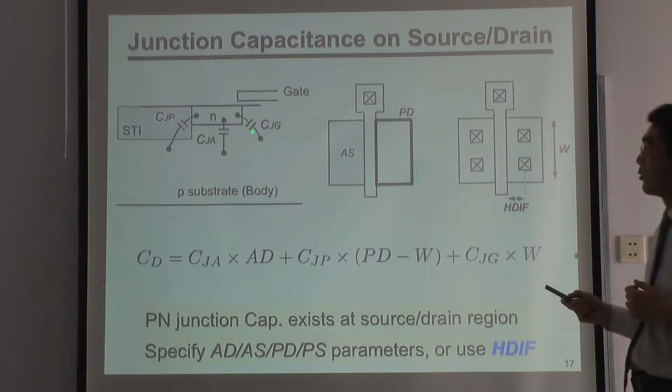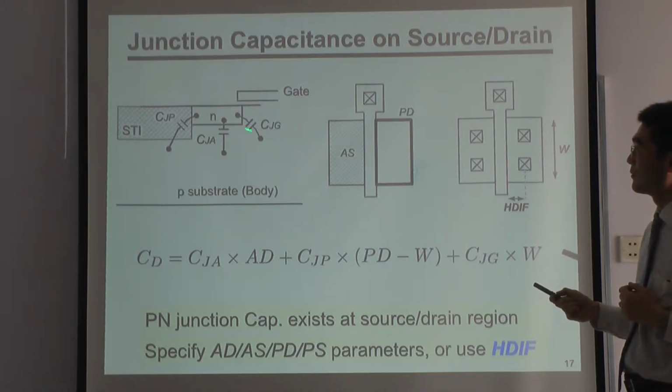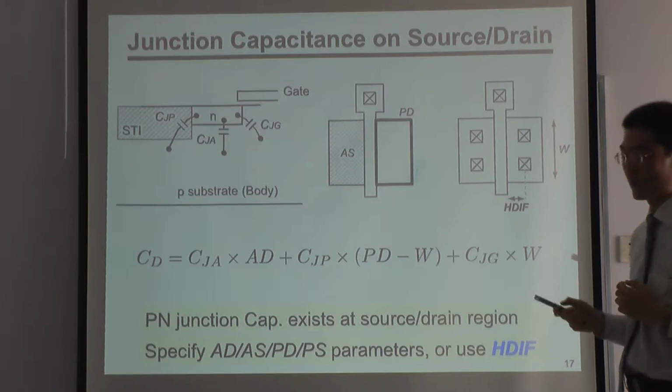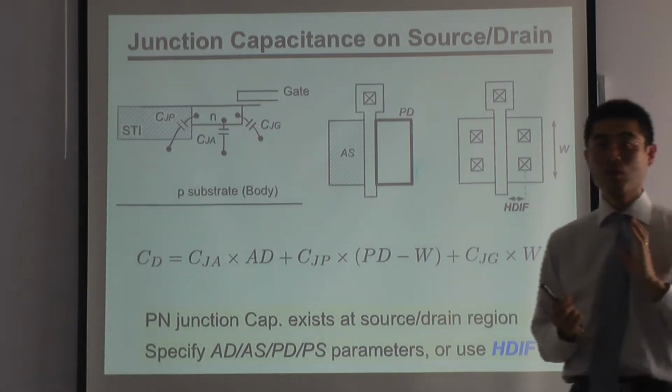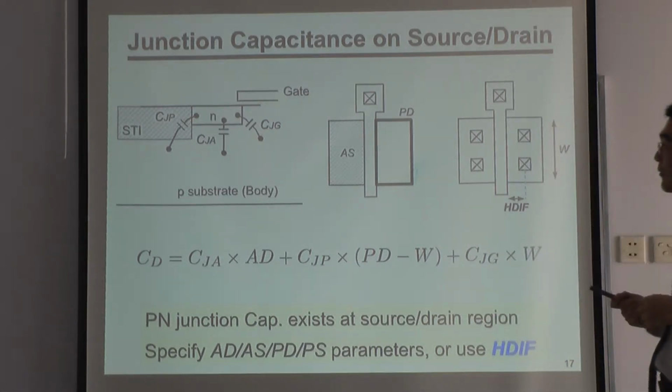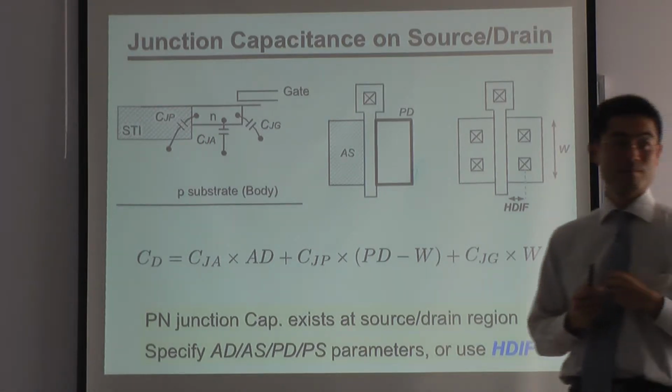And we have, this is the PN junction, and a PN junction always comes with capacitance. So CJA means the junction capacitance per unit area.